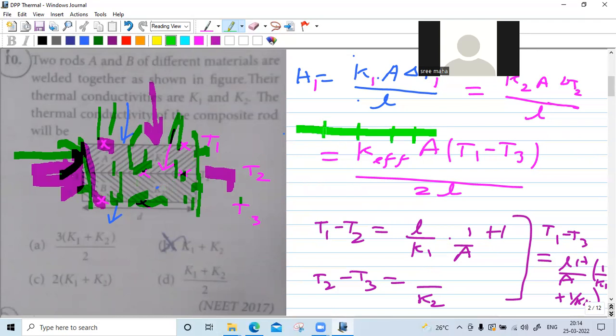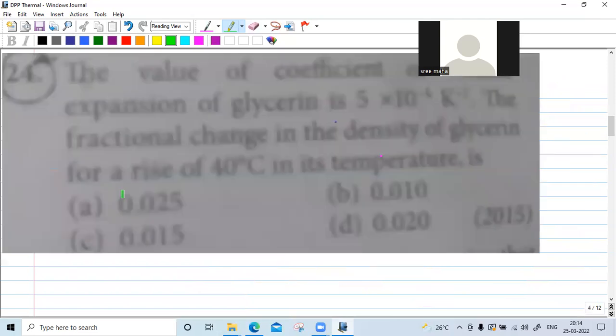The area contributing to the resistance is this area, but the length will get added. But when it is going from left to right, the length is constant, but the area will get added. Top to bottom, the length will get added. From left to right, the area will get added. Okay, let me give the analogous electrical situation.